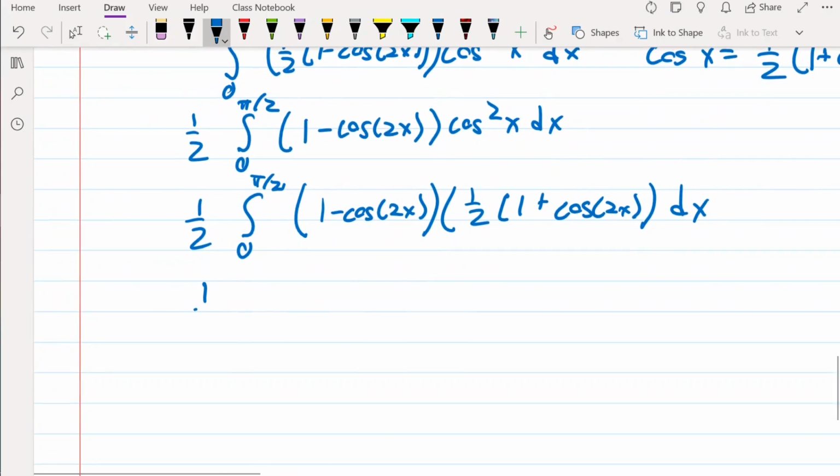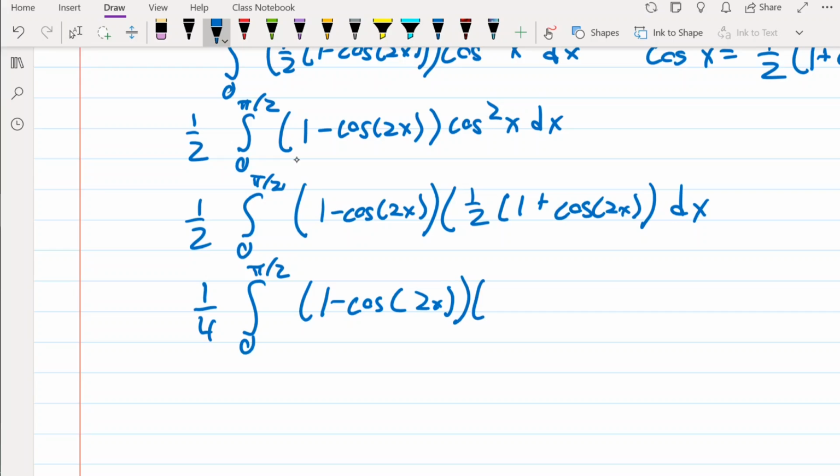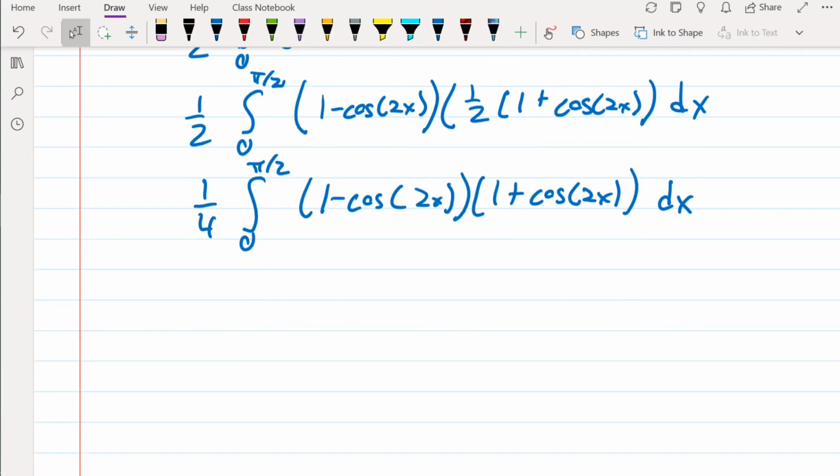Which I can then make that 1/4 from 0 to pi over 2 times 1 minus cosine of 2x, all of that times 1 plus the cosine of 2x dx. And then that makes it a really nice and simple multiplication together.